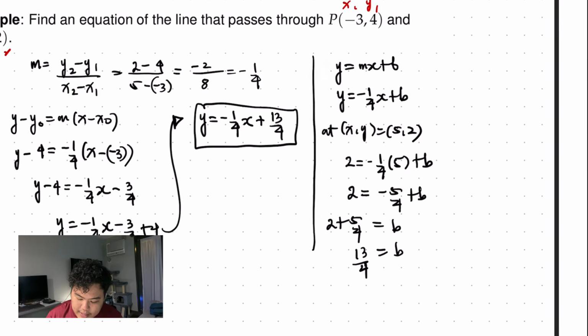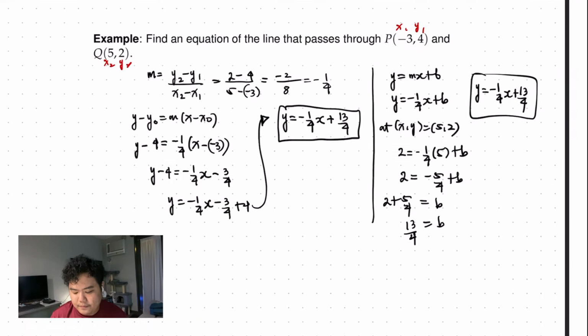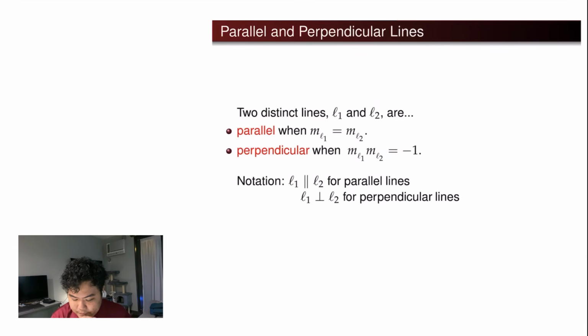So, yung equation ng line mo is plug in natin dito si b: y equal to negative 1/4 x plus 13 over 4. So, we get the same answer. So, yun yung at least two ways of doing it, kasi may iba pang ways of doing it.